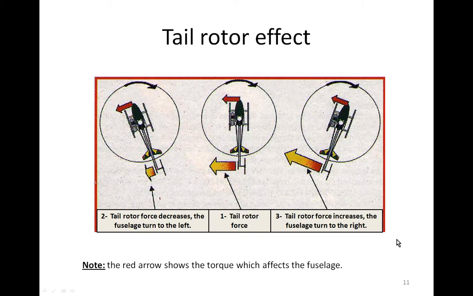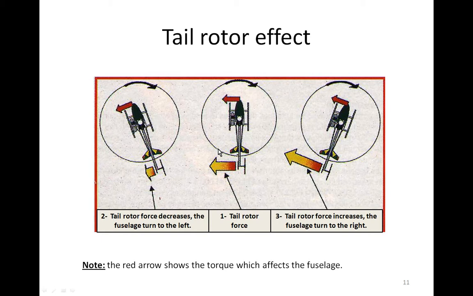Now, let's see its effect. So, the tail rotor not only counteracts the torque, but we also use it to turn the helicopter to the left or to the right. On the drawings, the black arrow shows the direction of the rotor.